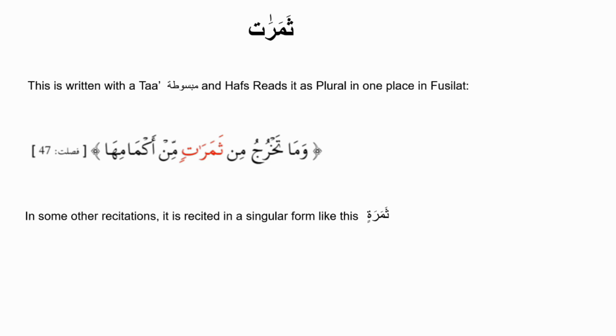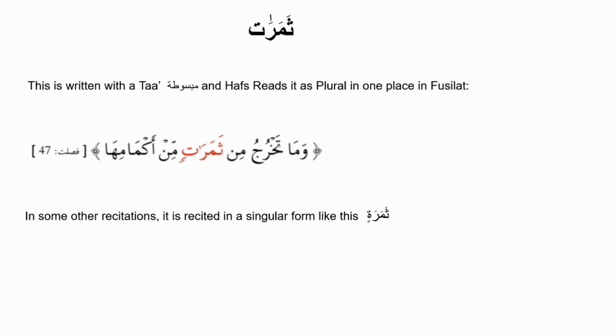So we can summarize the topic of ta tanith by saying when the word is written with a flat ta or ta mabsuta in the Quran, then depending on the recitation that we are following, it will affect the way we stop on those words.